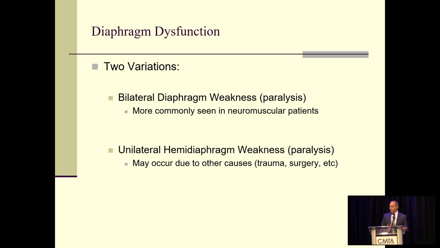The other extreme is they'll blame everything on your CMT. But you have to remember that CMT patients live a completely normal life otherwise, and a normal lifespan, and they can have other issues. Unilateral diaphragm dysfunction is more likely to be caused by other issues, whether it's trauma, car accidents, or previous surgeries.